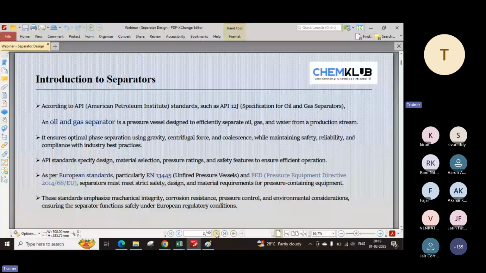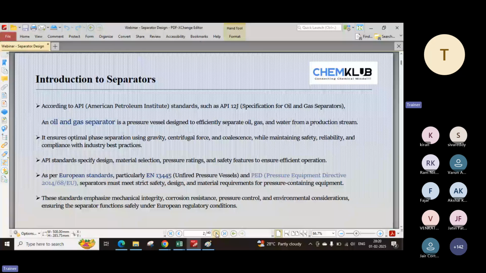API is the major one, which gives you the idea and outlines the requirements of any particular separator in the chemical industry. Whereas we have the GPSA standard, the Gas Processors Suppliers Association, we generally call it GPSA. At the same time, we have standards from Shell DEP, and ExxonMobil also has its own guidelines. Even ADNOC has defined its own requirements.